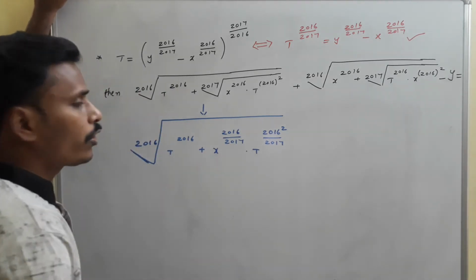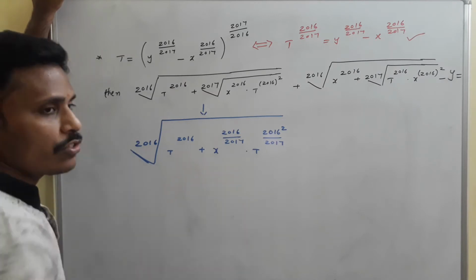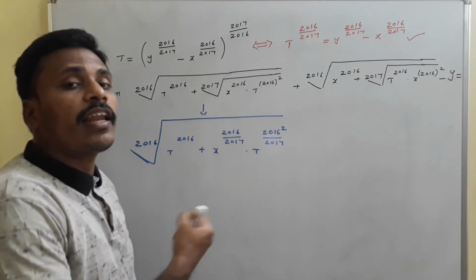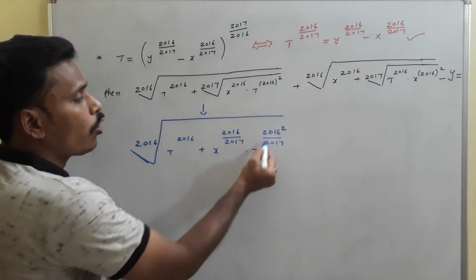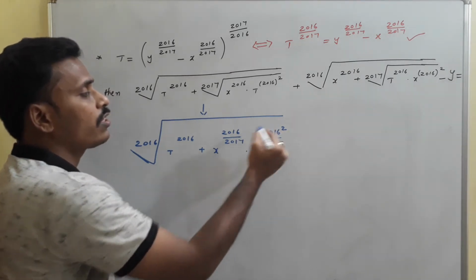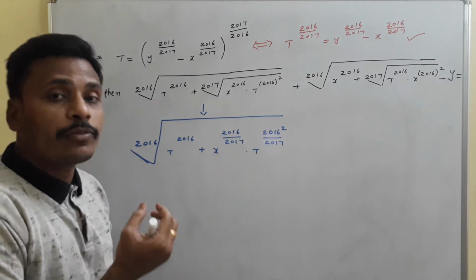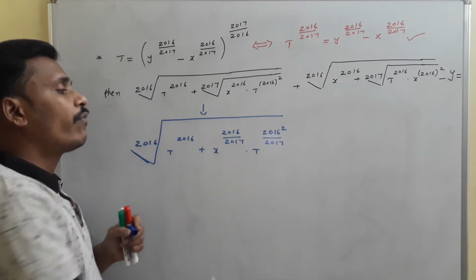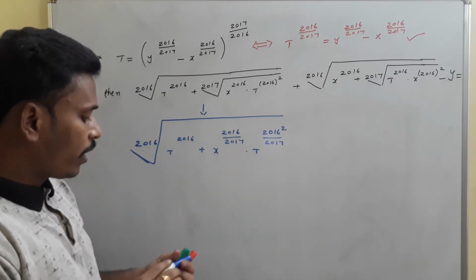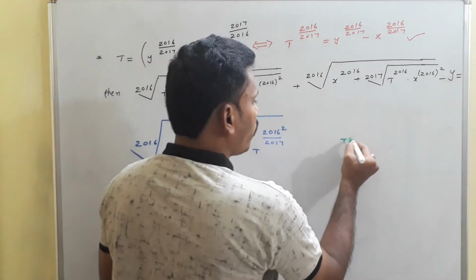And now what I am going to do is, I am trying to rewrite this t power 2016 with an involvement of this 2016 square by 2017. Why? Because this is t power 2016 square by 2017 and here it is t power 2016. I am just trying to pick out something as a common for these two terms, and that's why here we need to use this particular logic, very useful.